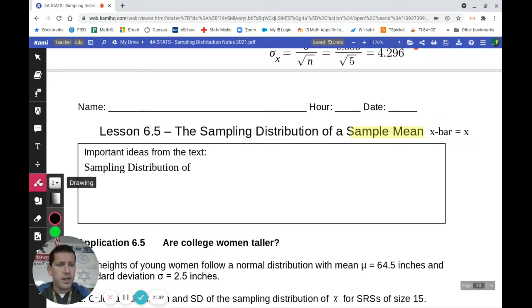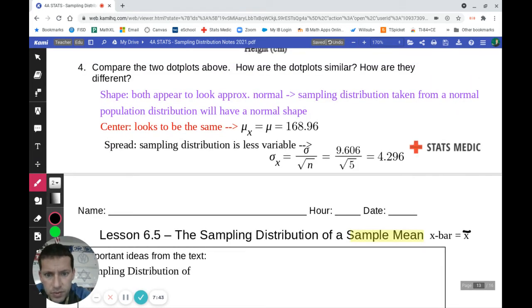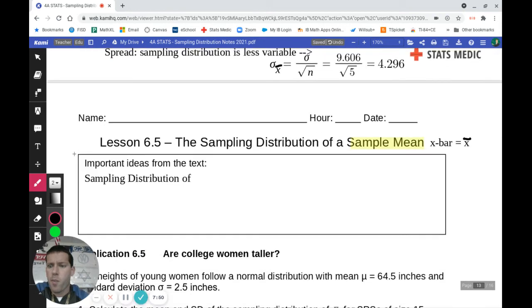And I totally forgot to draw the lines on top of it on the previous page. Let's go back and throw those up there. So this was our mu of X bar and our standard deviation of X bar.